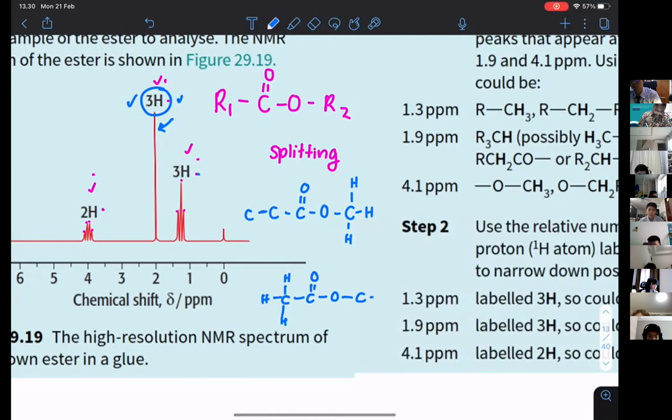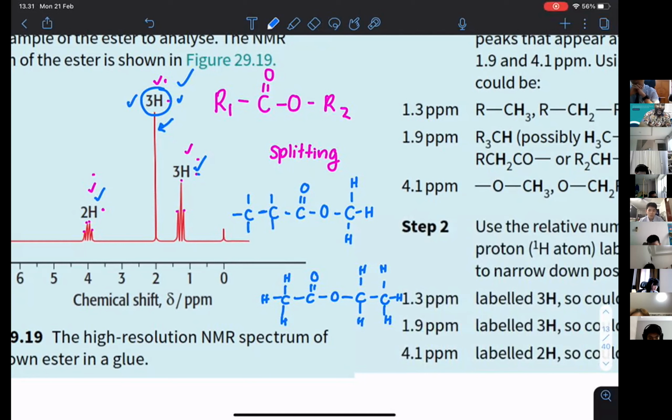Now I know that one contains 3 hydrogen, another contains 2 hydrogen. It means 3 hydrogen, 2 hydrogen, 2 hydrogen, 3 hydrogen. It makes sense, right? I put it like this.